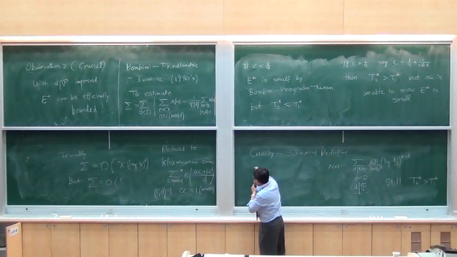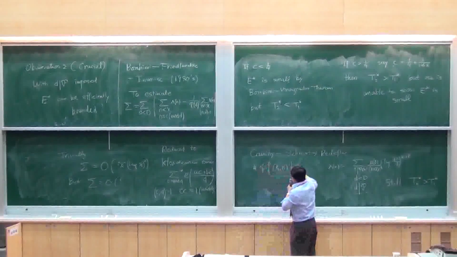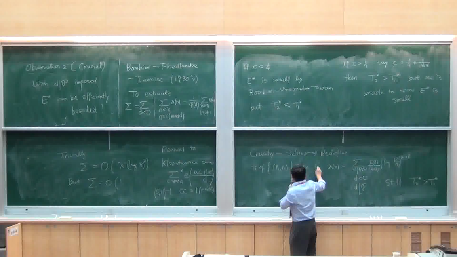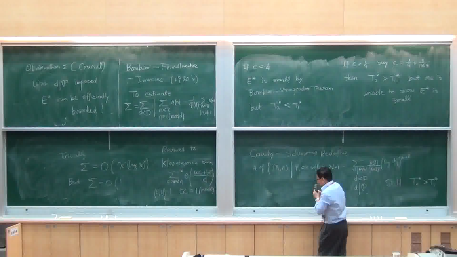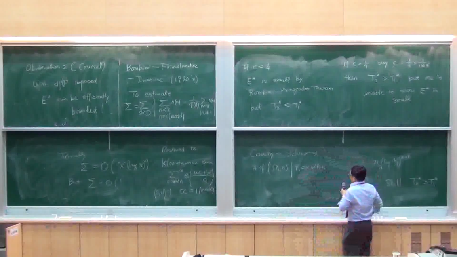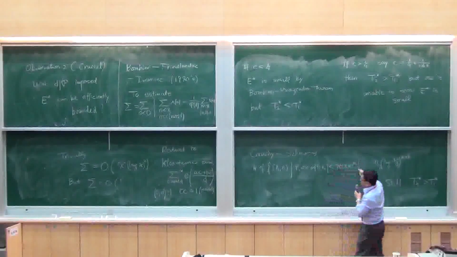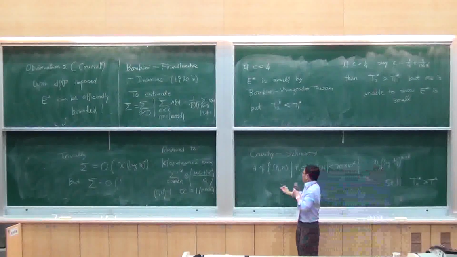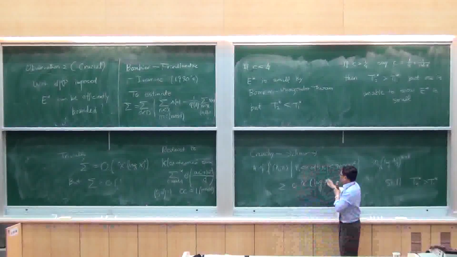We say the number of pairs p1, p2, with p_i less than x and p1 minus p2, of course it should be greater than 0, is greater than or equal to a constant c times x times a negative power of the logarithm.